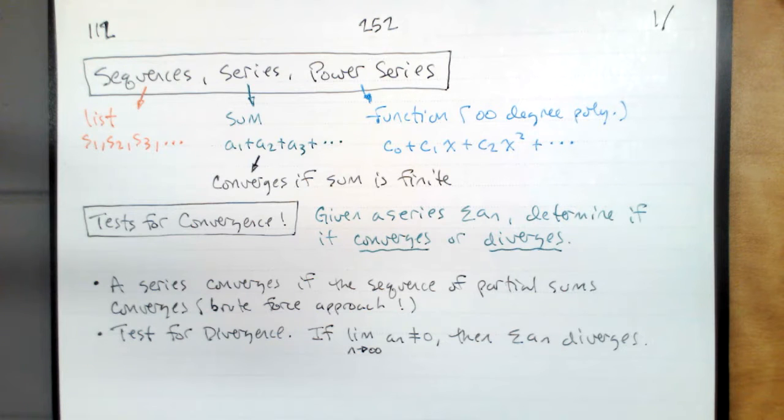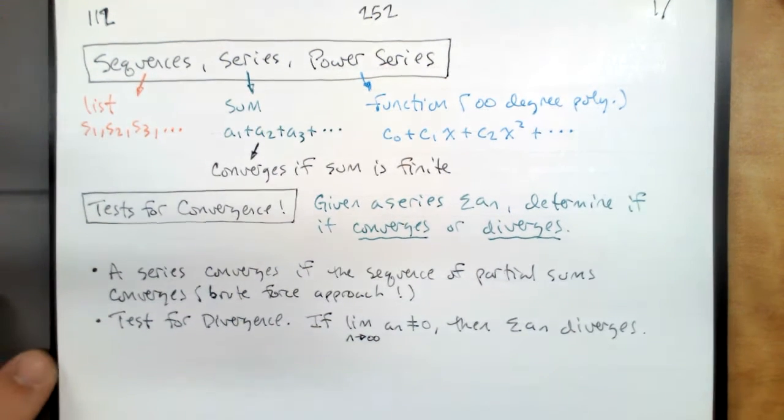One of the things that we've noted with this is that just because the limit of the terms is 0, that does not mean that the series converges. It's possible that the limit of the terms is 0 and the series still diverges.